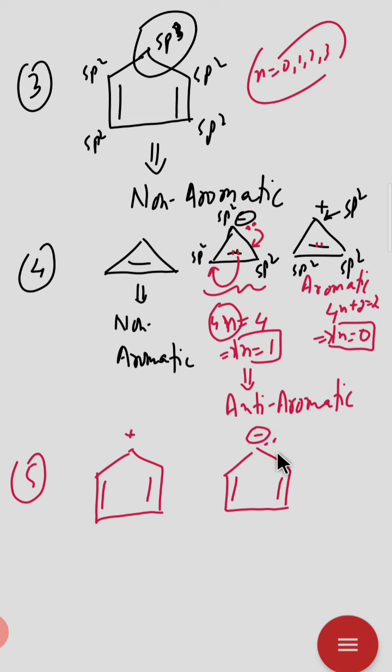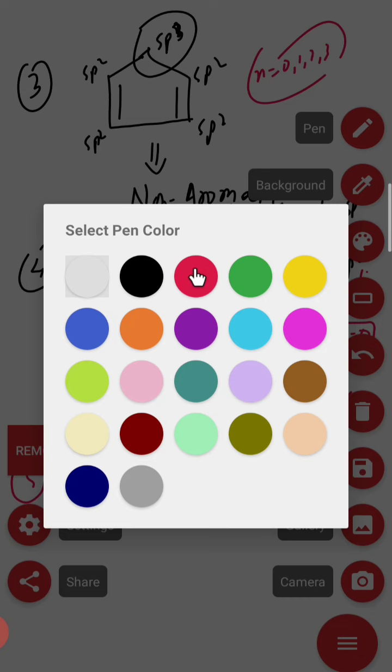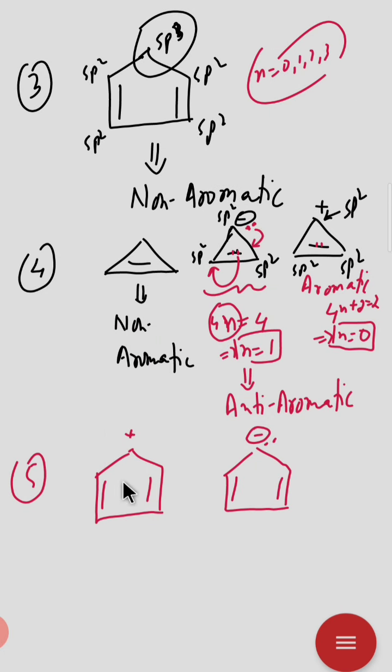Carbocations are always sp2 hybridized, so all the atoms in this ring are sp2 hybridized.